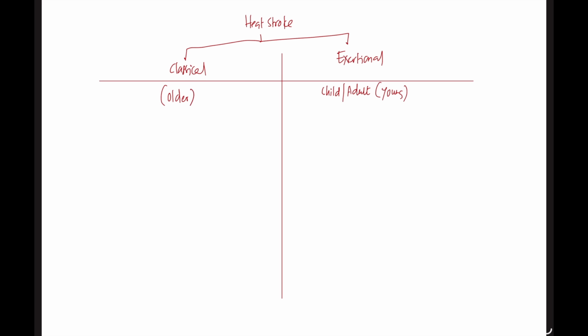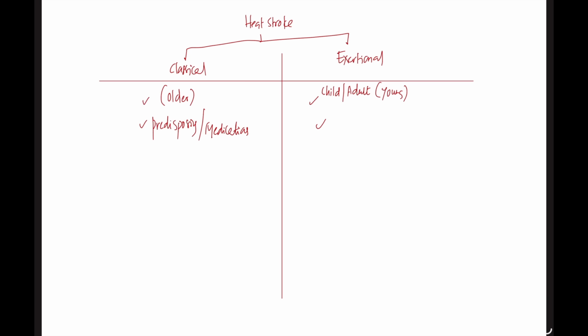In older patients, we call it classical heat stroke. These older cases will have predisposing health conditions, something which is not allowing them to regulate heat properly, or they are on some medications. So in these old people, they don't have to have exertional heat stroke.